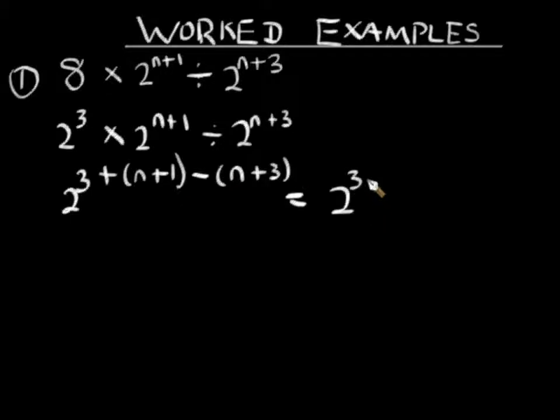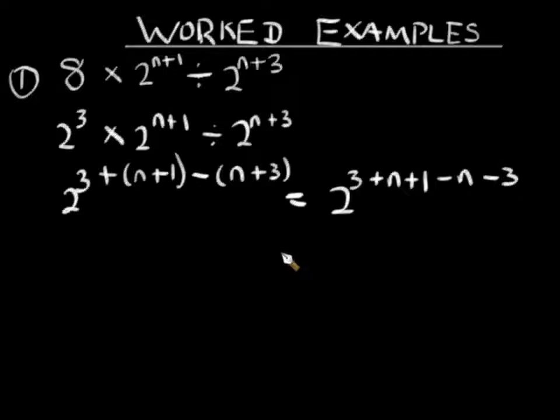So that will be plus n plus 1. But the case is different here for the negative sign. Why is that so? Because negative sign here multiplied by n, which is a positive n, gives us minus n. So this minus sign multiplied by the positive 3 changes the sign and gives us minus 3.